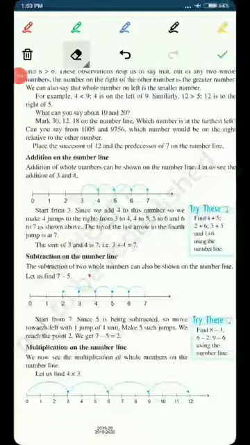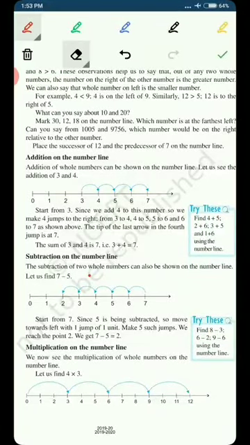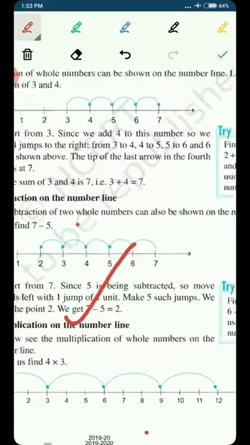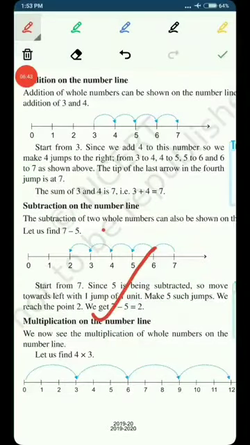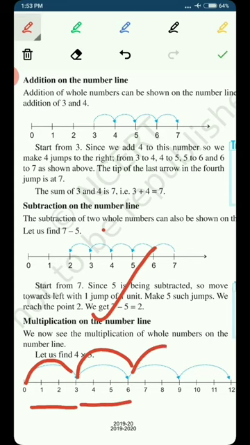So what will be the multiplication of 4 and 3? As you can see here, we are taking a jump of 3 units, 0 1 2 3, 3 units, second jump 3 units, third jump 3 units, and fourth jump also of 3 units.